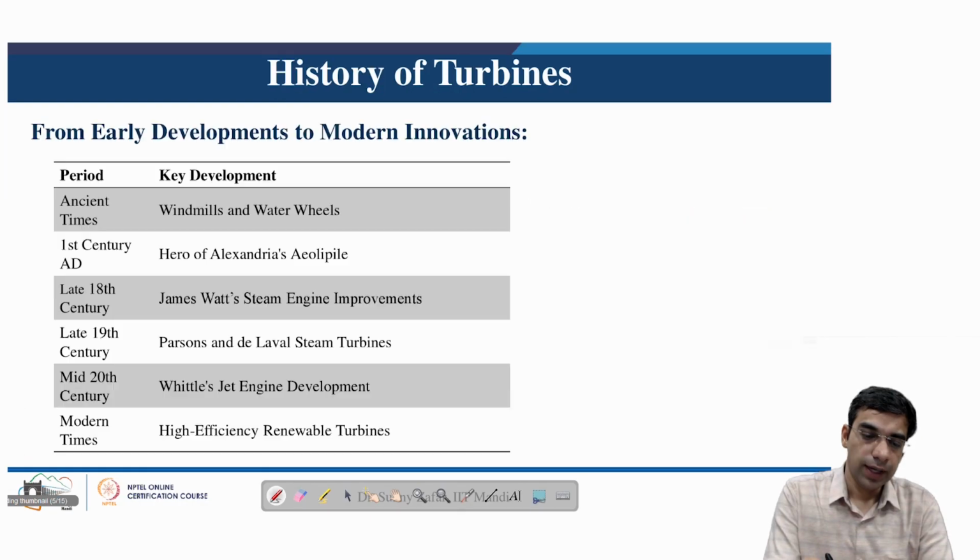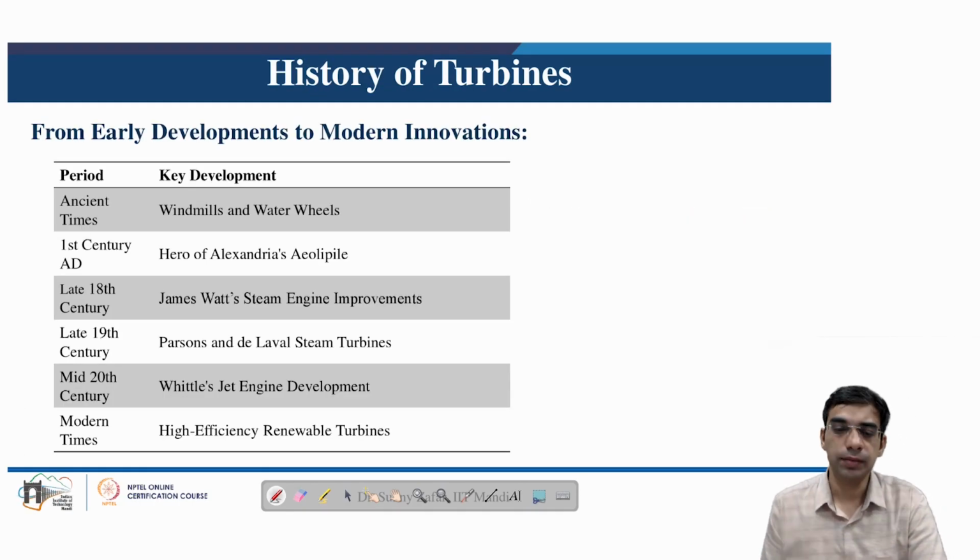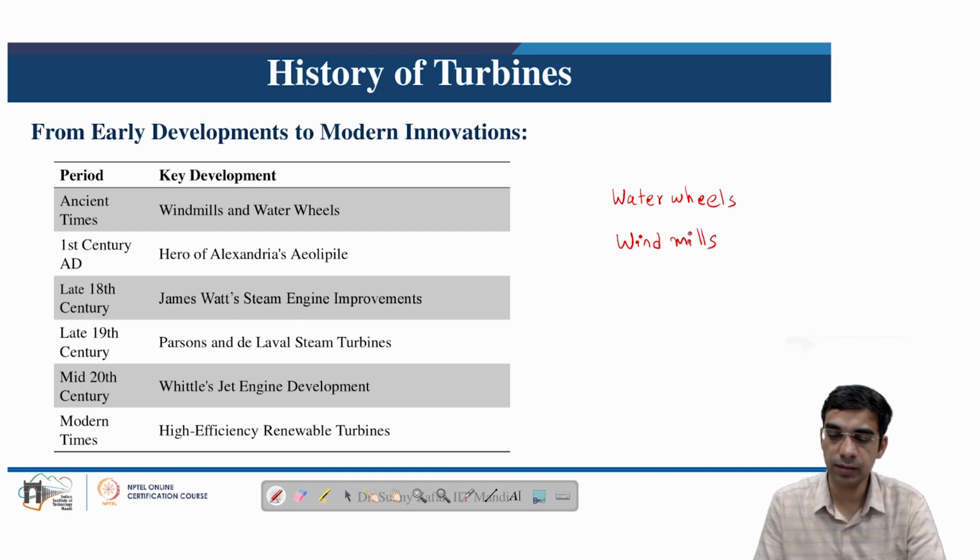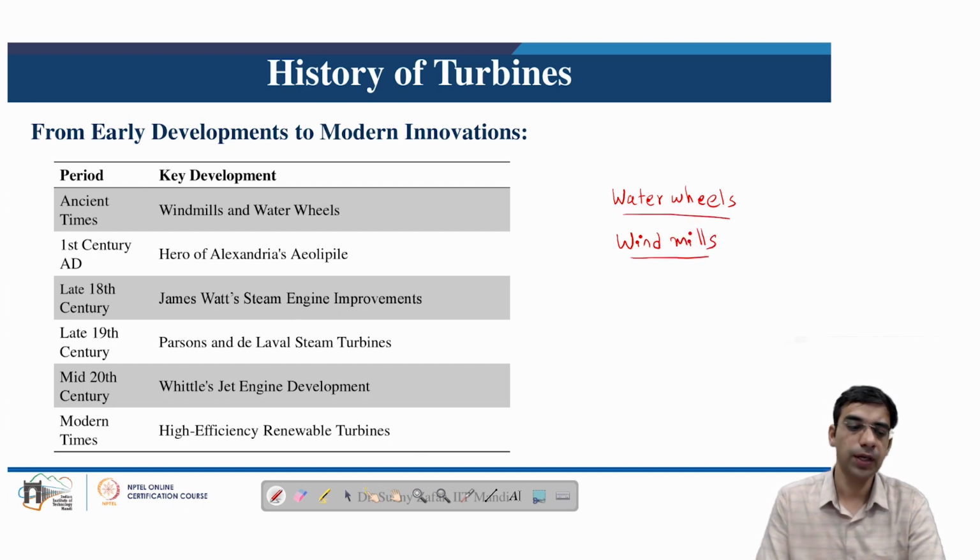Next, we look at the historical perspective of turbines. Turbines are as old as water wheels in ancient civilizations, and windmills, which were used for grinding grains, were used as turbines since ancient times.